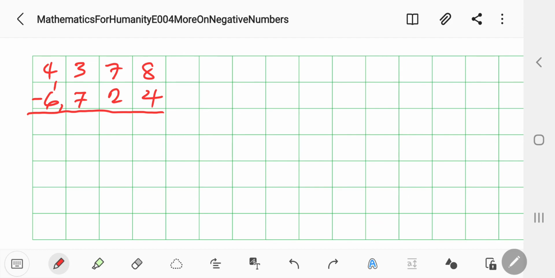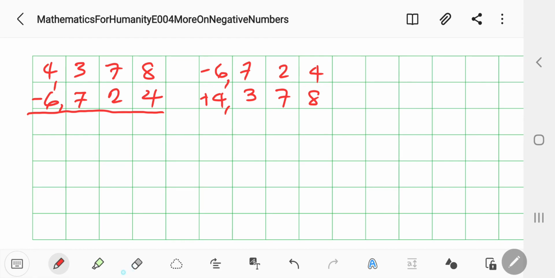So what you do is you interchange the order. So you have here negative 6,724 minus a plus, plus 4,378.